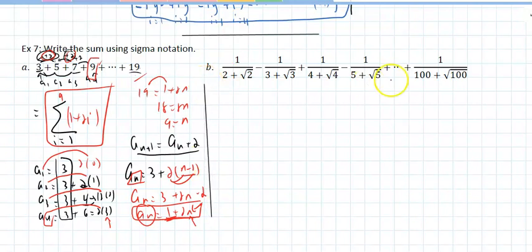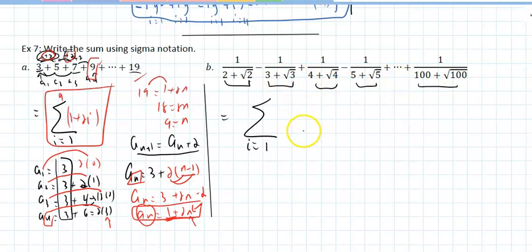Same deal here, except this one is a bit simpler because you do notice what's happening. This is the series I equal, we start with 1 and we'll see how far we go. Or we could start with, let's see what's changing. 2 and 2, 3 and 3, 4 and 4, 5 and 5.